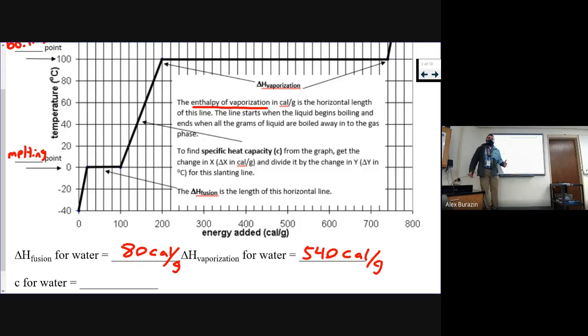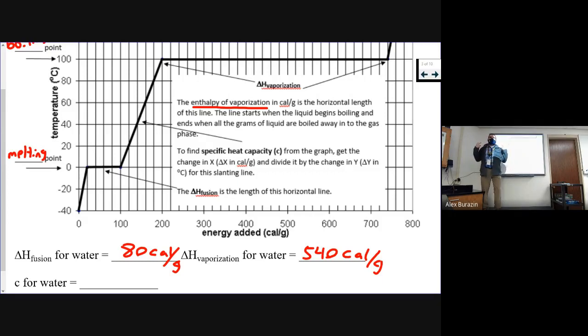Now, careful, that's not slope, is it? In math class, it's always rise over run, change in Y over change in X. But when we're interpreting these graphs, if I want to get the specific heat capacity, I'm actually taking the run over the rise, the change in X over the change in Y. Now, how can you not screw that up? Because your brain's going to want to always just find the slope.